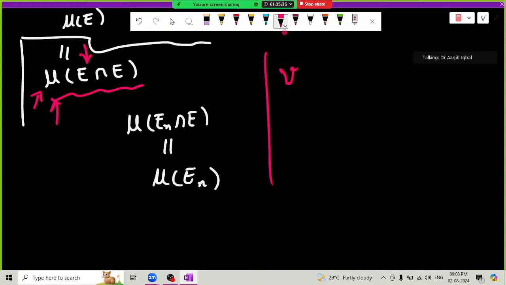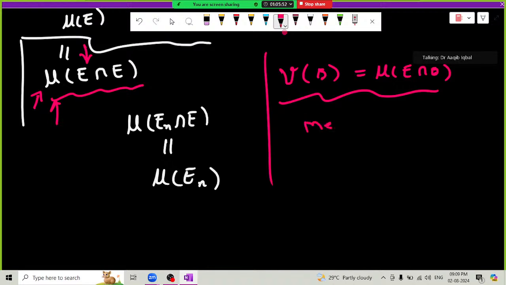अगर आप डिफाइन करेंगे nu of B as mu of E intersected with B, this description will actually define a measure. This will be a measure. अगर हम nu को ऐसे define करेंगे. ठीक है? Now if this is nu, what will be nu of E?